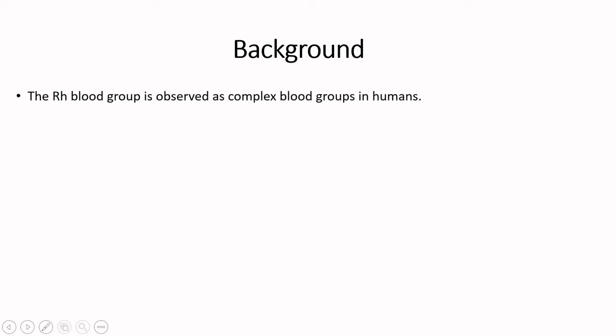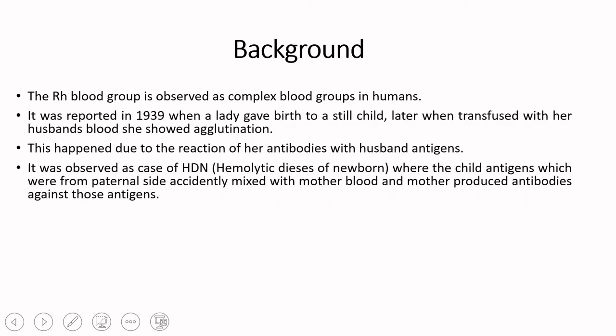Here, if you see the brief background of this RH blood group system, you will find that it is observed as a complex blood group in humans. So, its nature is quite difficult to understand. That we will see how it can be observed.